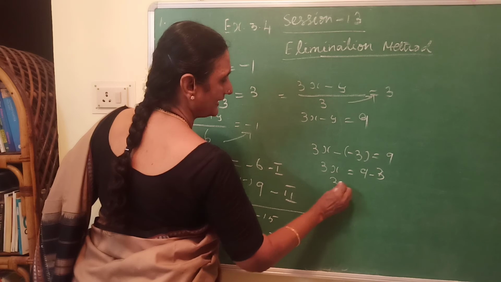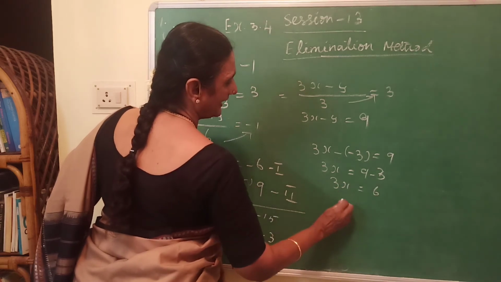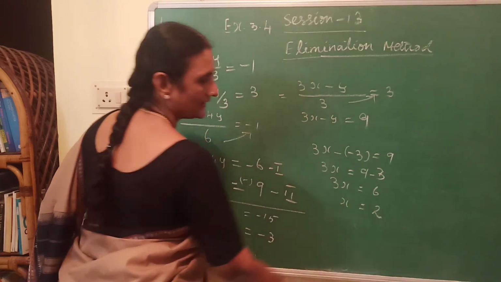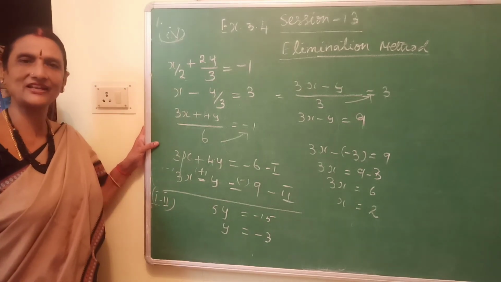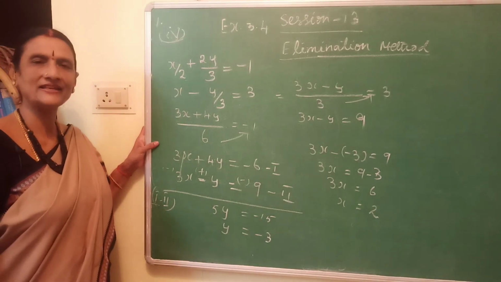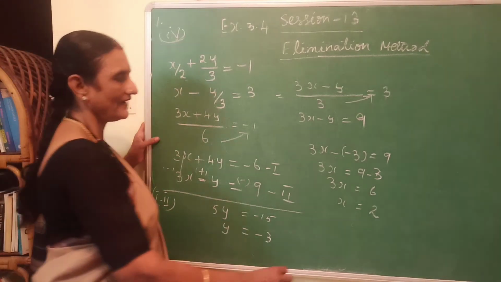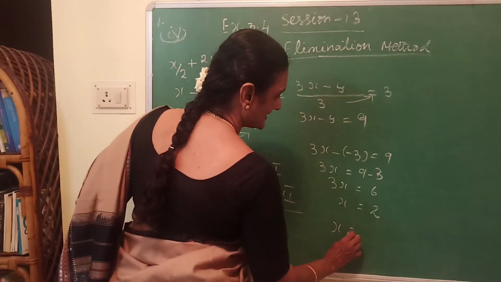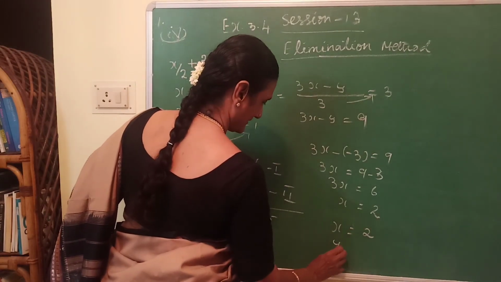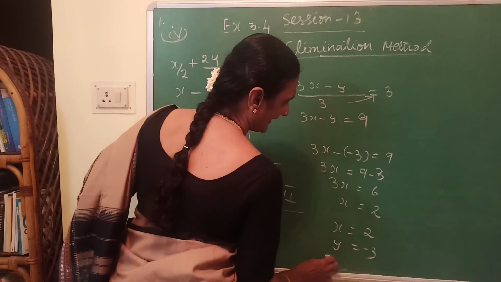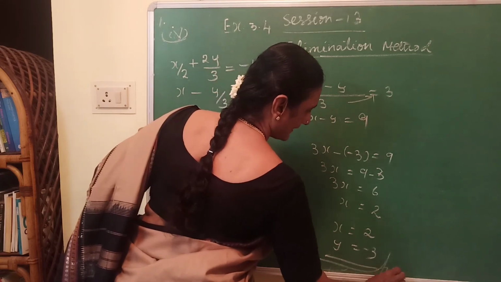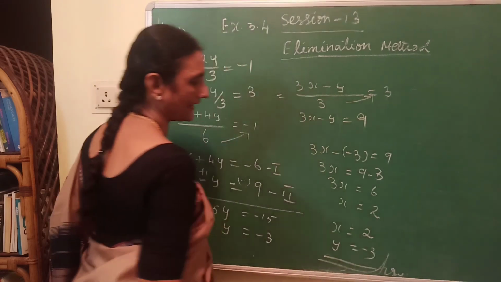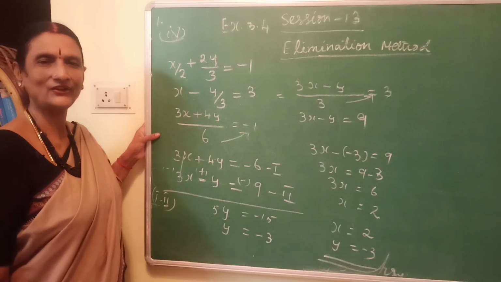You will get 3x is equal to 6. x is equal to 2. So what is the solution? x is equal to 2 and y is equal to minus 3, which I will write down as this. Underline the answers, and then you write as answers. Is that clear to you?